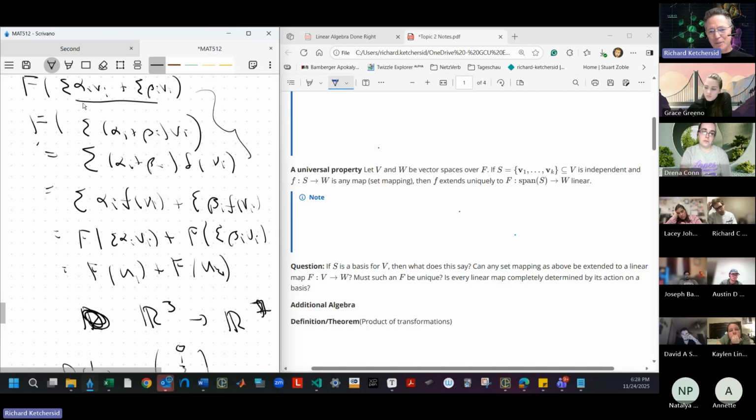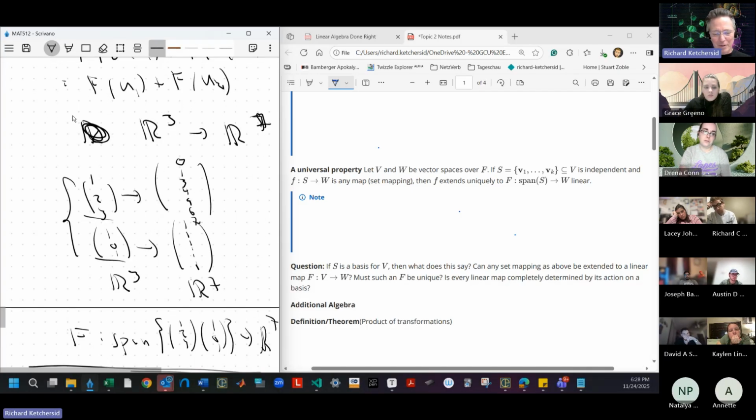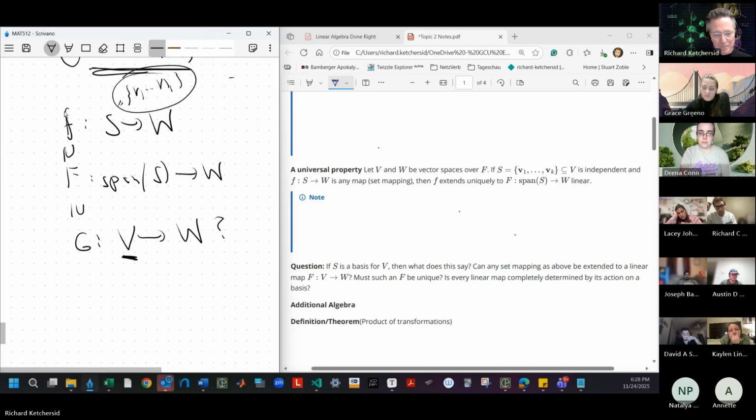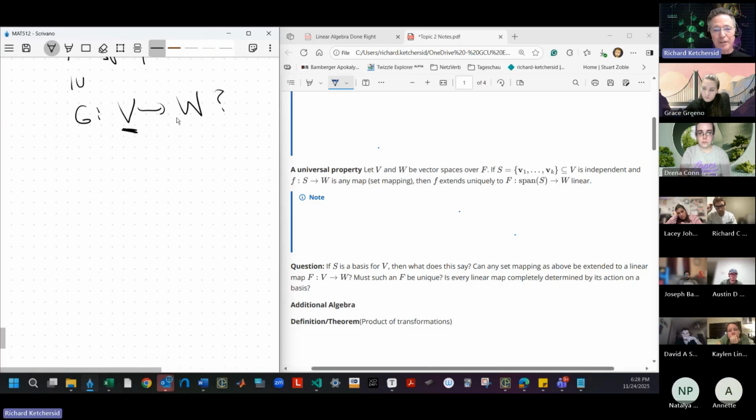It is used. You ought to maybe think about that. It's not true if they're not linearly independent. I can't take two linearly dependent things and send them wherever I want and get a linear map. It just wouldn't work. I can't take something and its negative and send them to two random places and have the map be linear.